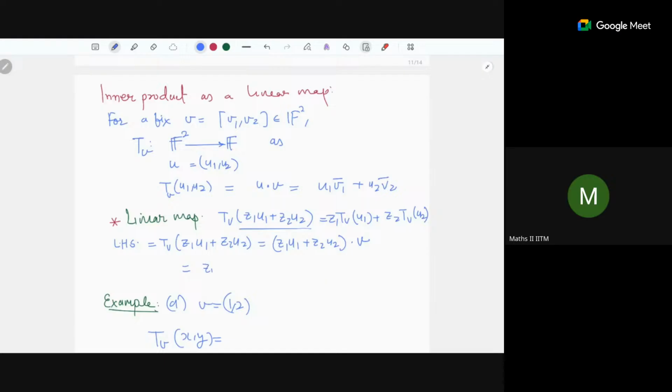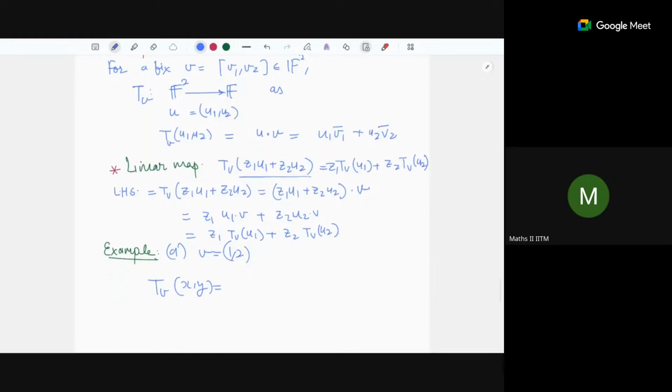So you'll get Z1 U1 dot V plus Z2 U2 dot V. Now what is this? Again we can rephrase this in terms of the linear map notation: Z1 TV U1 plus Z2 TV U2. All right, so this is a linear map.